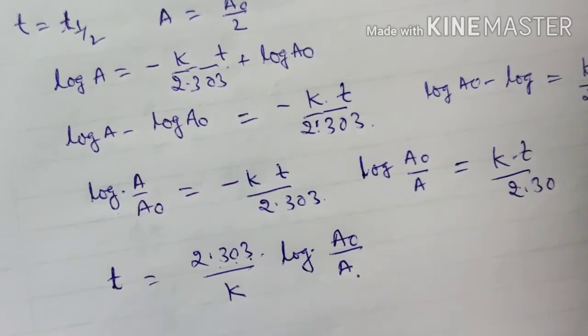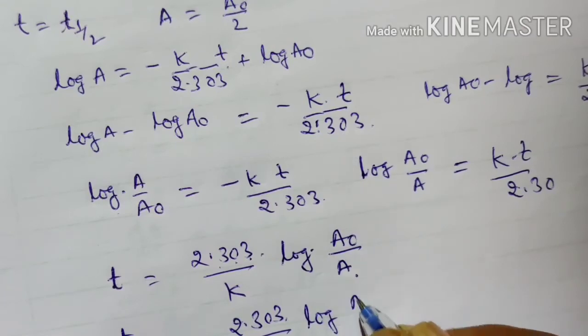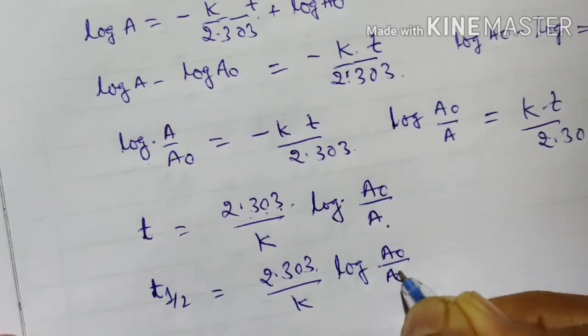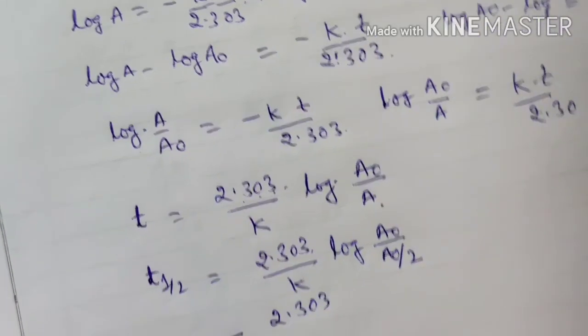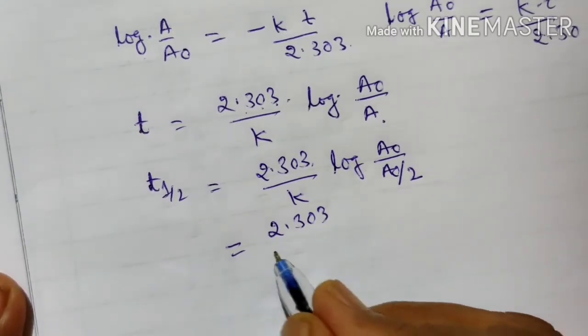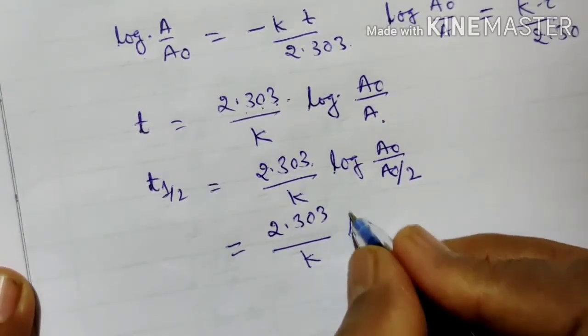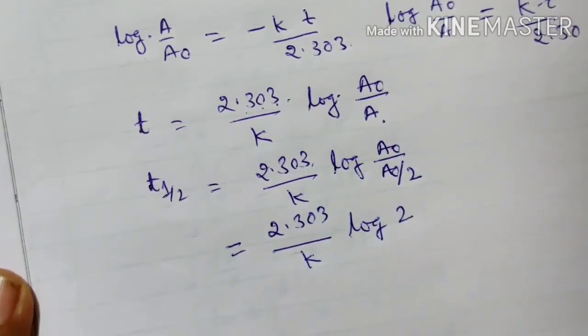Now here we put t is equal to t half. Then it is equal to 2.303 upon k log A0 upon A0 upon 2. Then you will get 2.303 upon k log 2, because A0 will be cancelled.